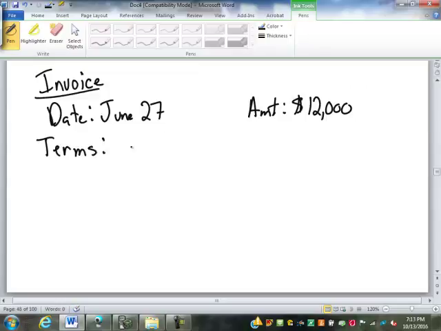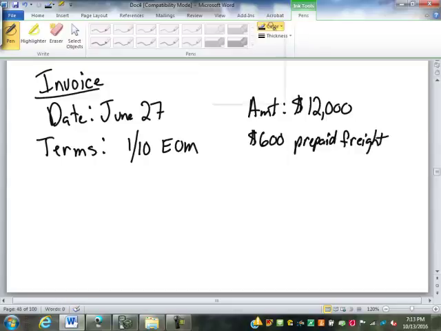The terms, 1/10 EOM. There was $600 of prepaid freight. How much would be paid if paid on August 6th?